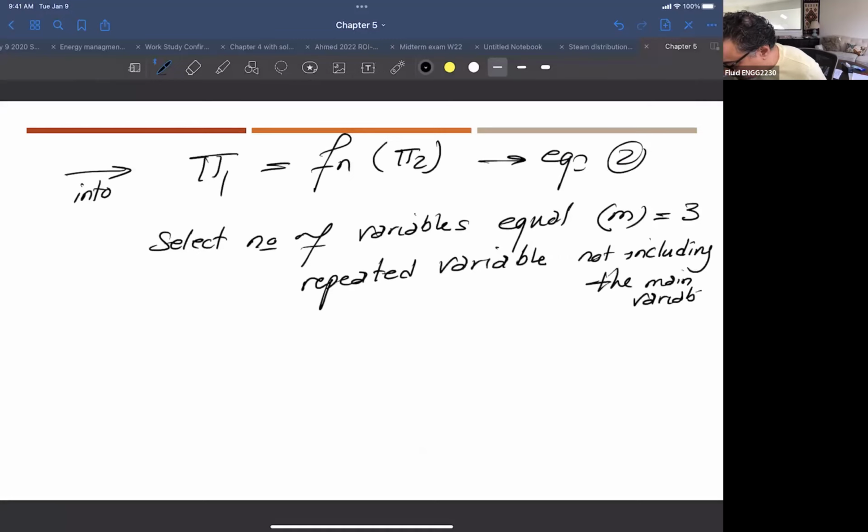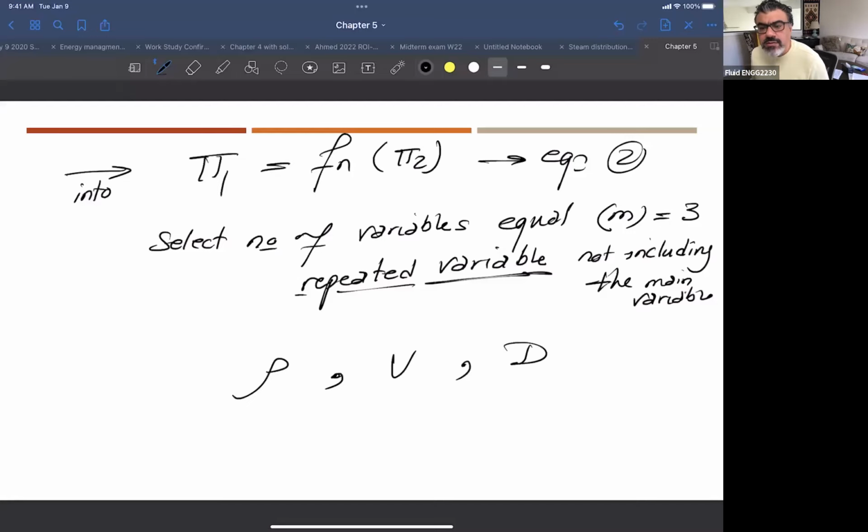So let's select, for example, rho, V and D. How about if somebody else selected different ones? You're going to come up with different groups.